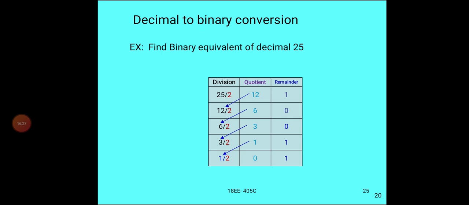So here the quotient is 0. The last value is the MSB. The first value is the LSB. You write from the MSB to the LSB. That is the binary number.